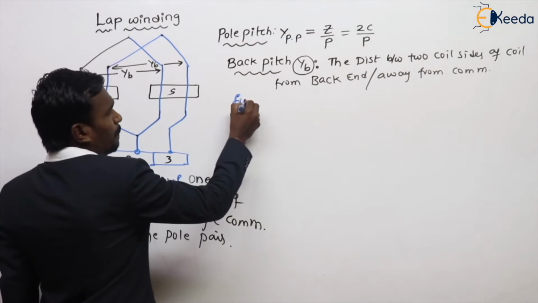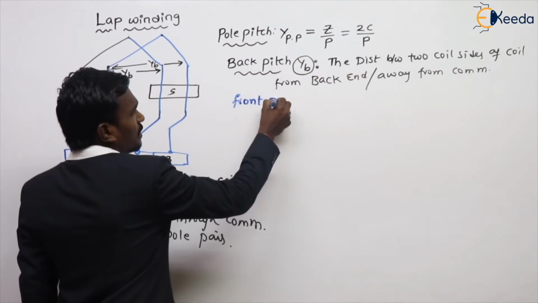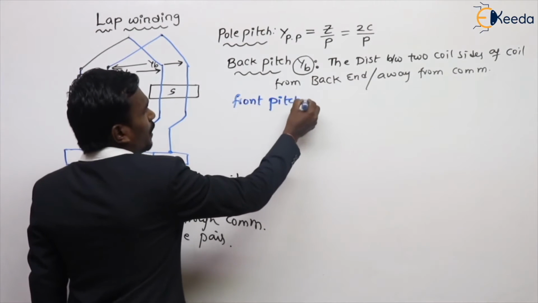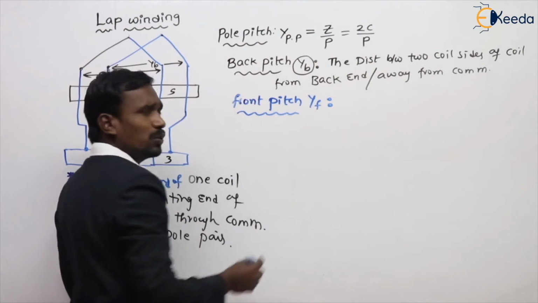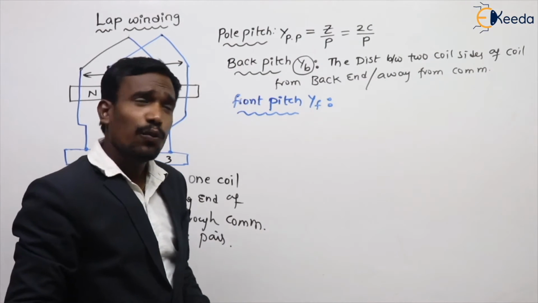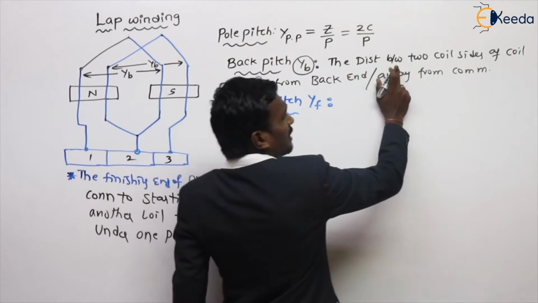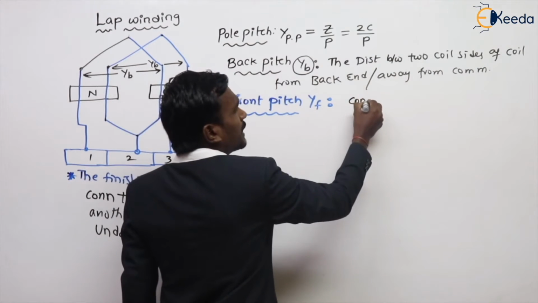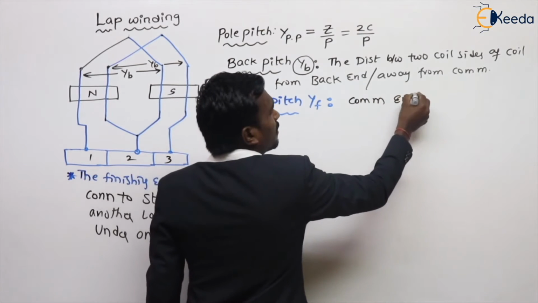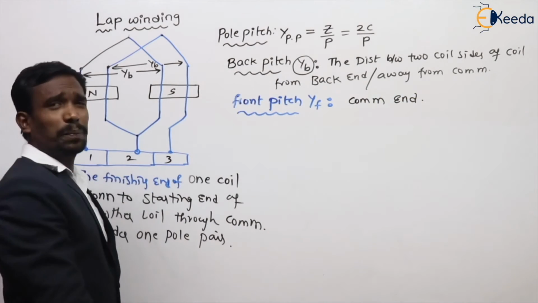The next definition is front pitch. Can you tell me what front pitch is? Come on, what is front pitch? Front pitch is nothing but the same: the distance between two coil sides of a coil from the commutator end. This is called front pitch.